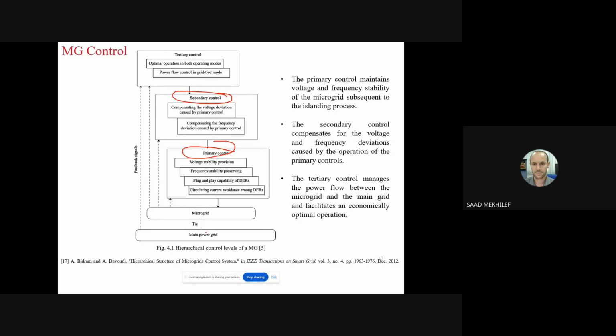Then you have the microgrid and the connections to the main power grid. The primary control maintains the voltage and frequency, the secondary control compensates for the voltage and frequency deviations, and the tertiary control manages the power flow between the microgrid and the main grid. So in any microgrid, you will have these levels of control.